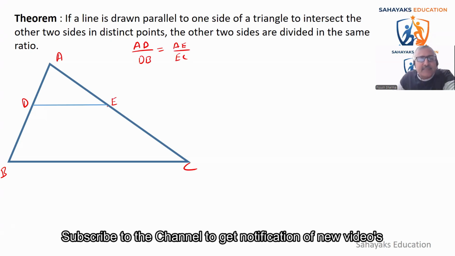So the line DE is dividing AB and AC in the ratio AD by DB is equal to AE by EC. This is what we have to prove.